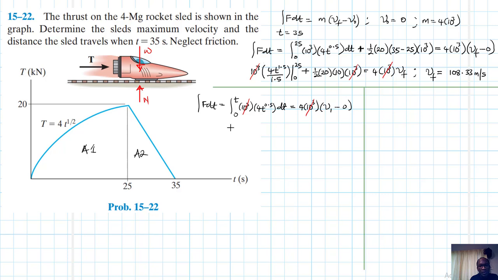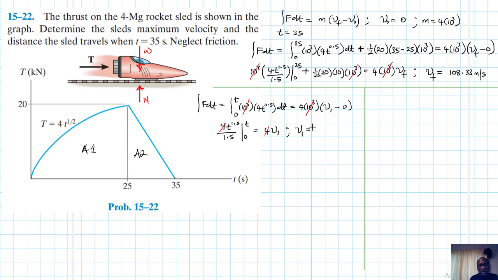So this will have 4t to the power 1.5 divided by 1.5, from 0 to t, equal to 4 v1, and therefore our v1 is just going to be equal to, so even this and this cancel out. So this just becomes 1 divided by 1.5.